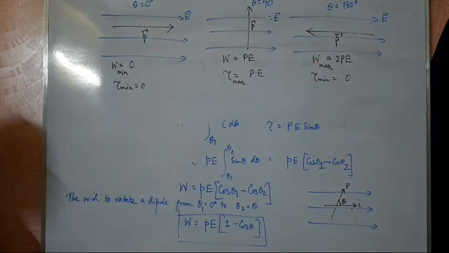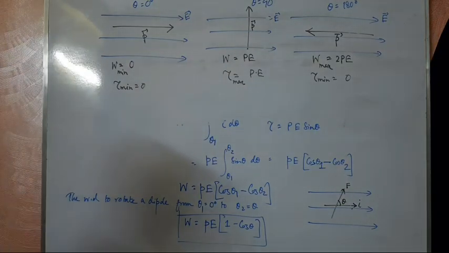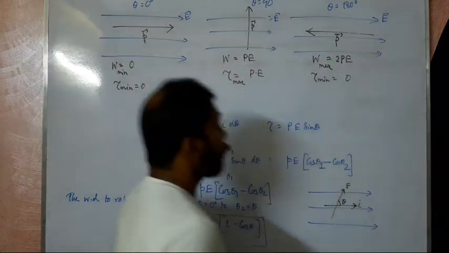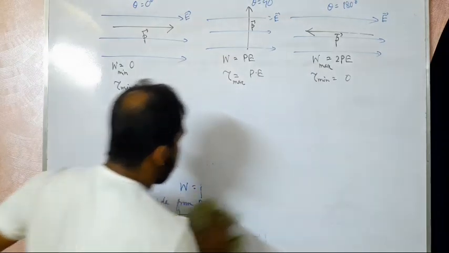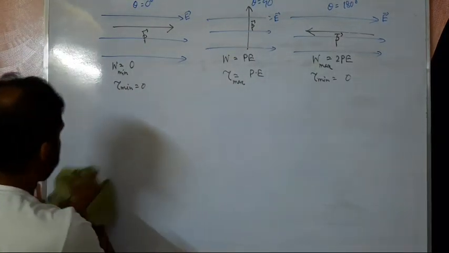Now the last part of this video we will learn what is the amount of potential energy stored inside the dipole. Potential energy stored inside the dipole when it is rotated by an angle theta.